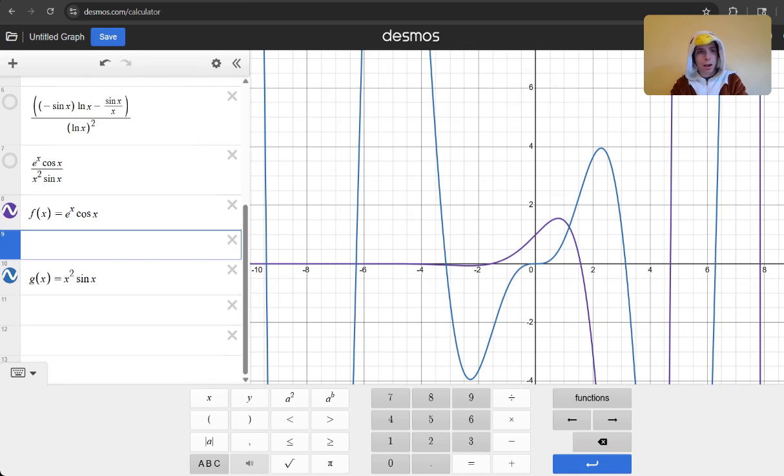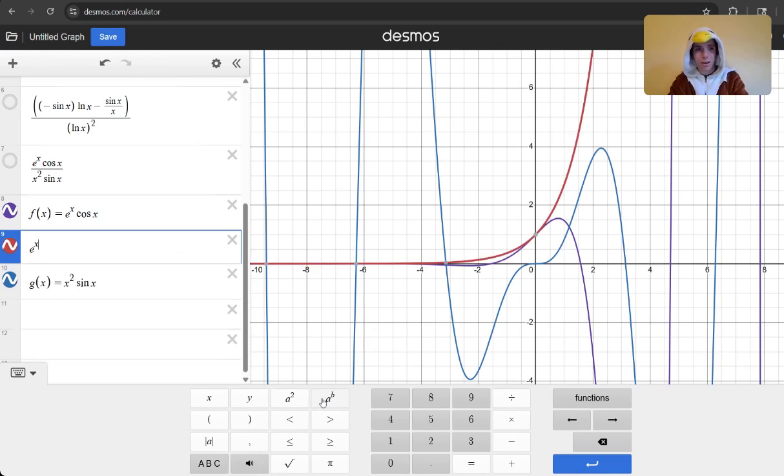Now, e to the x cosine x, that's going to be the product rule. So the derivative of e to the x is e to the x times cosine x. And then the derivative of cosine x is negative sine of x, so that's minus sine of x, also times e to the x.